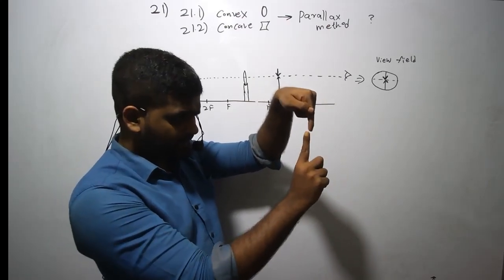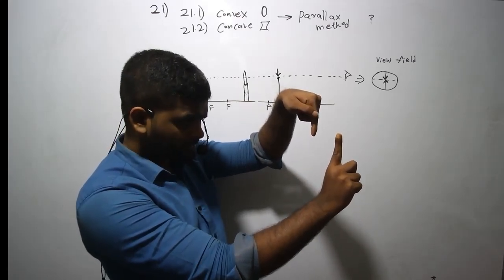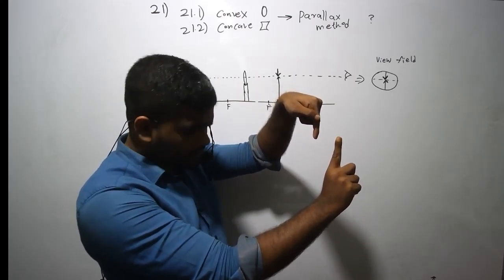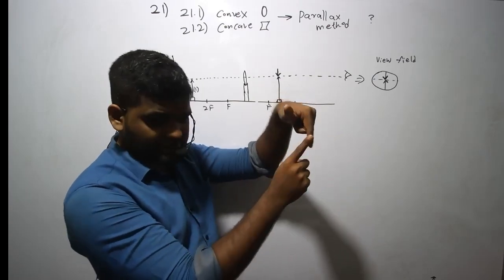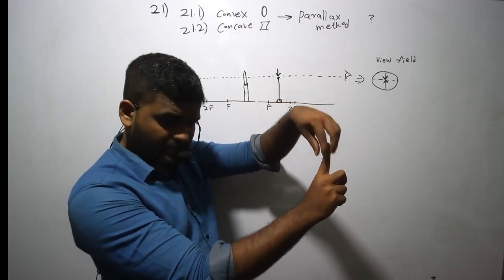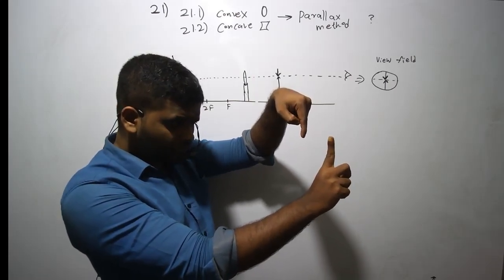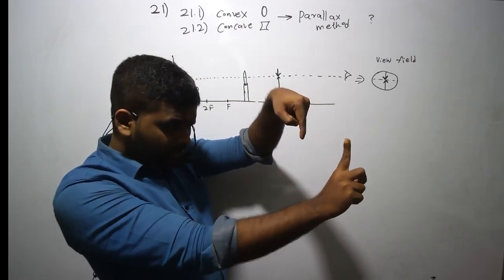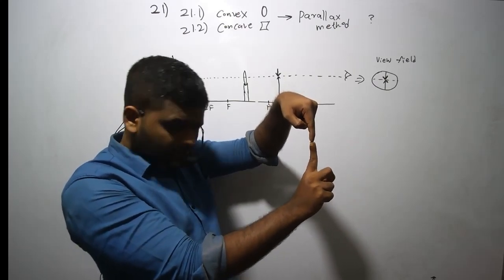Then you place, let's say, the observing pin behind the image like this. So when you move the eye, the image is moving in the opposite direction from the observing pin. So you need to know that you have to move the observing pin towards the eye, right?